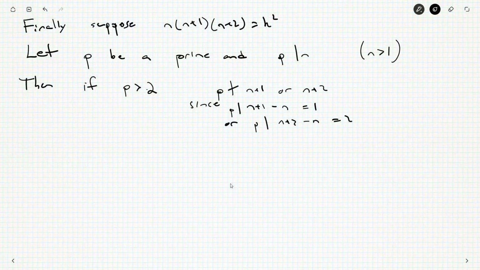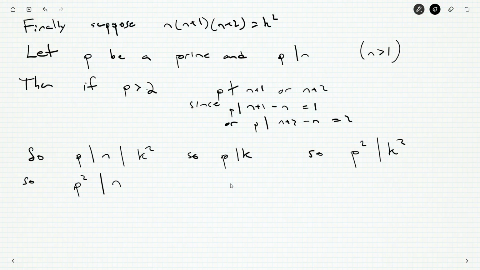So, but P divides n, which divides, of course, this whole product. So P divides k. So P squared has to divide k squared. So P squared has to divide this whole product. But P can't divide either n plus 1 or n plus 2. So P squared divides n.